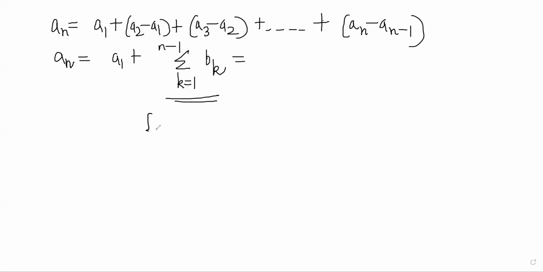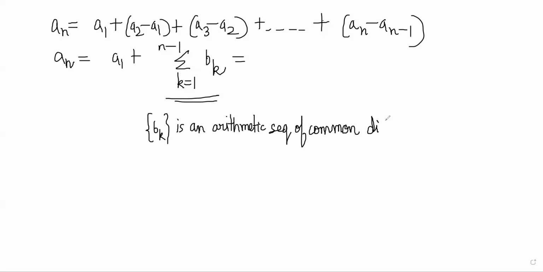We know that bk is an arithmetic sequence of common difference 2, because the Cn sequence was a constant sequence of 2, right? So therefore the summation of bk can be done by the formula for summation of an arithmetic progression.